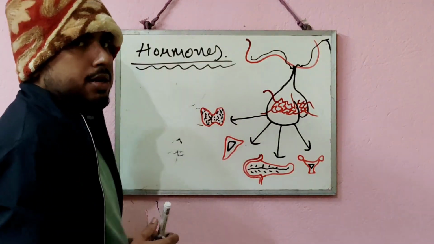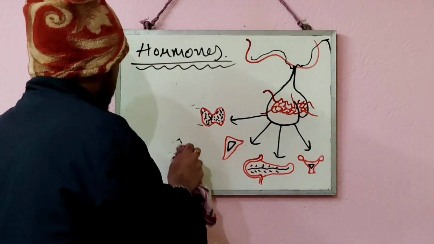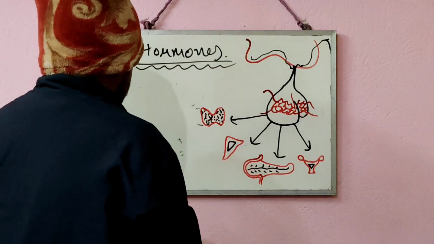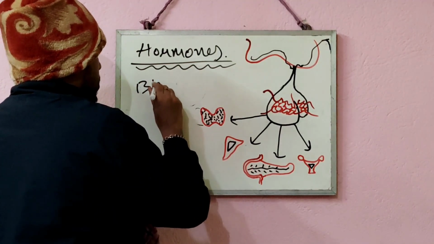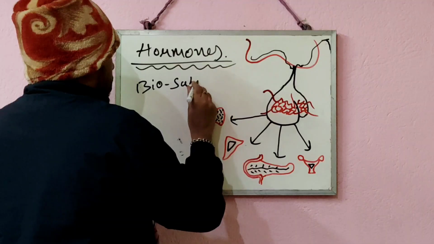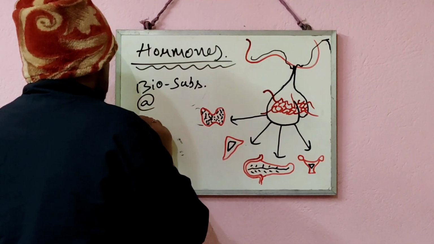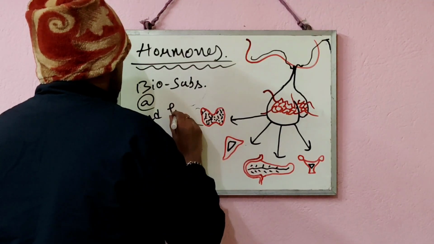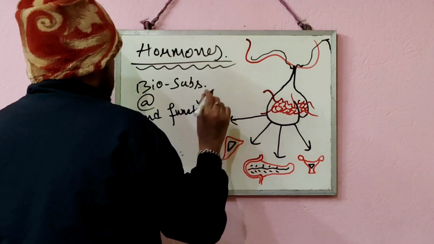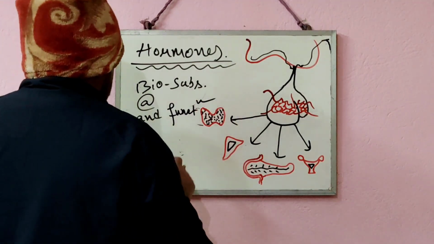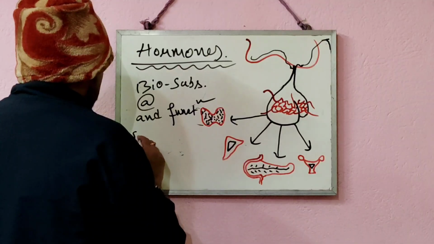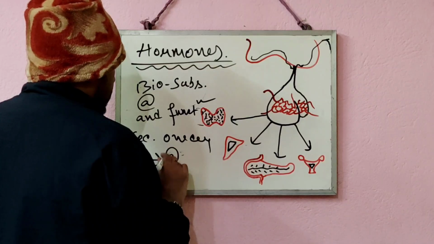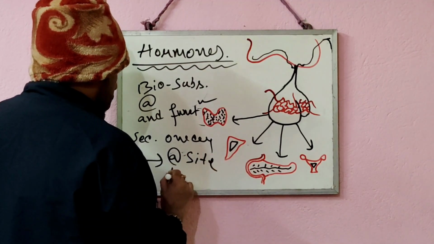Hormones are generally chemical entities or biological substances that do various biological functions in our body, required to maintain our body.